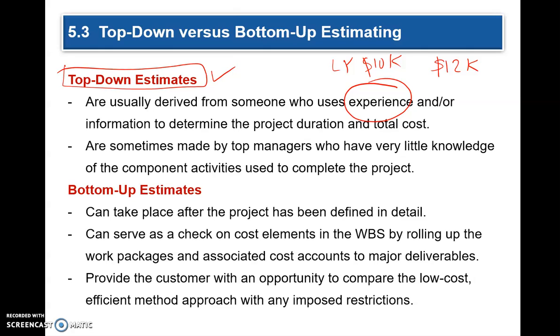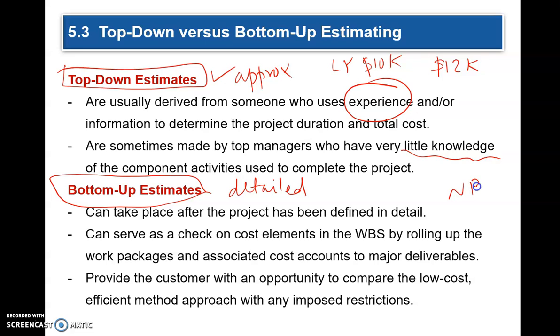It is sometimes made up by top managers who don't have much knowledge of the activities that are used to complete the project. This is an approximate method. Bottom-up estimates are more detailed. So if you have the WBS, the work breakdown structure, you know all the activities of the project.